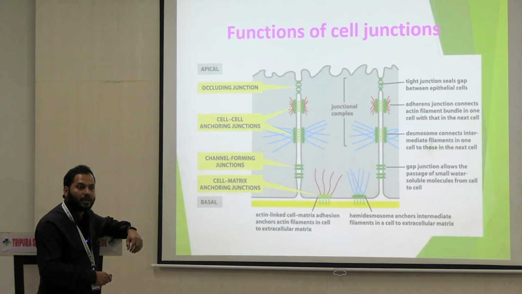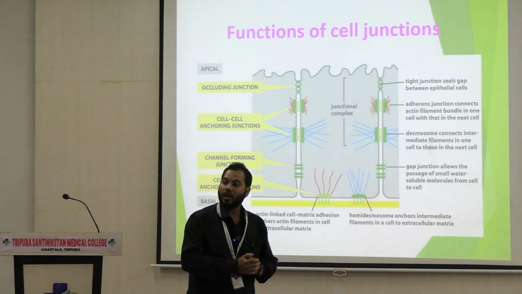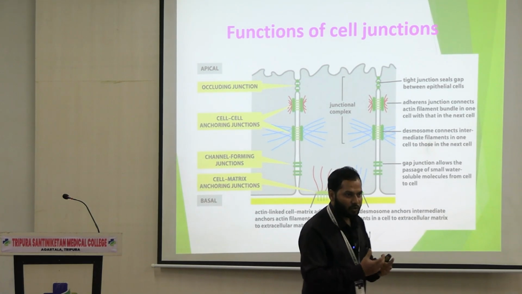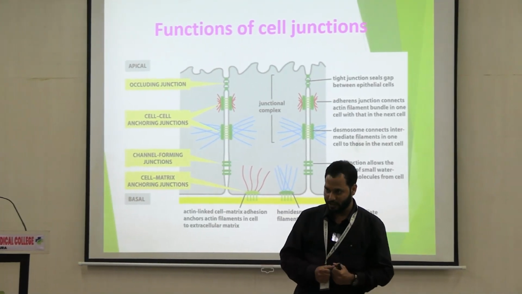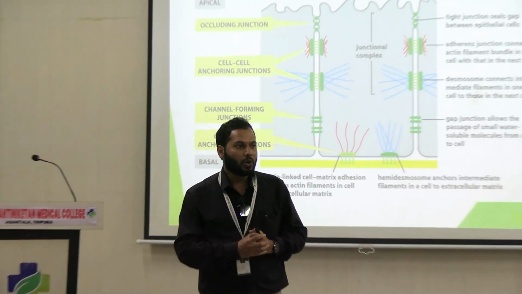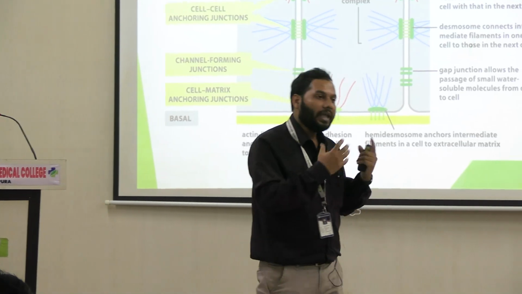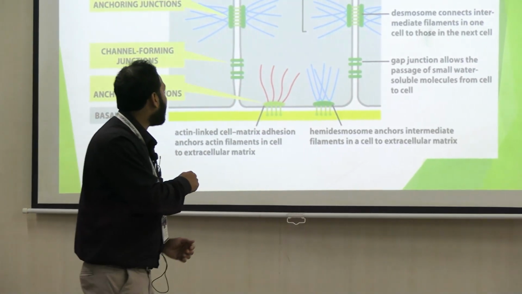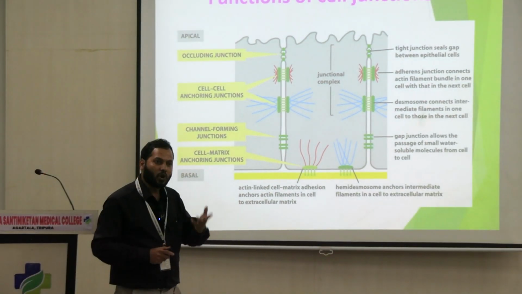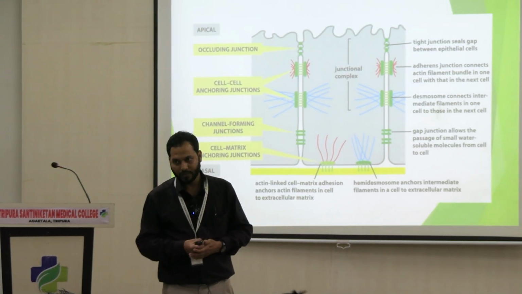Clear? It means if you see the types of transport across the cell, it is categorized into two types. One is called paracellular transport, one is called transcellular transport. So what is the difference? In paracellular transport, the molecules can passively move from the apical region to the basolateral surface, right? It is a passive process based on the concentration gradient of that molecule.